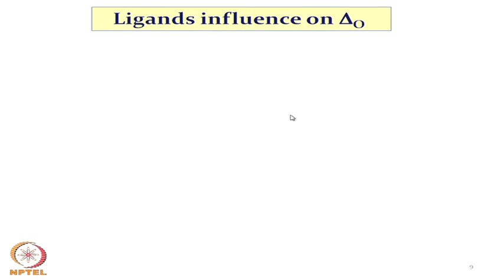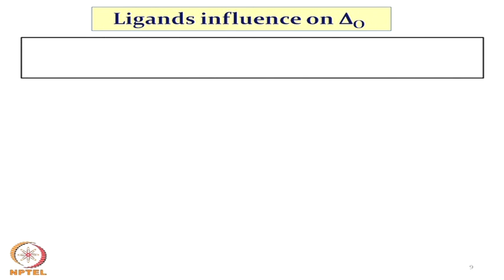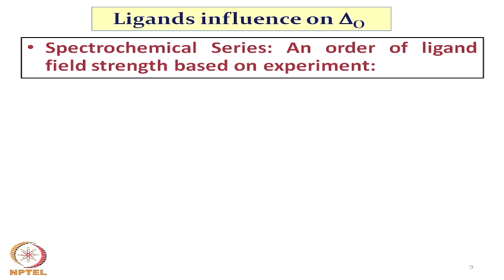So, now we see how these ligands can influence the corresponding delta octahedral values. We all know now that we have a spectrochemical series that we have seen earlier, with different entries for the different ligand systems, arranged depending upon the strength of the ligand field around a particular metal ion, say cobalt as we have seen just now, or nickel, or copper.